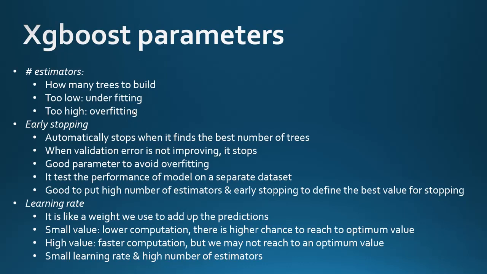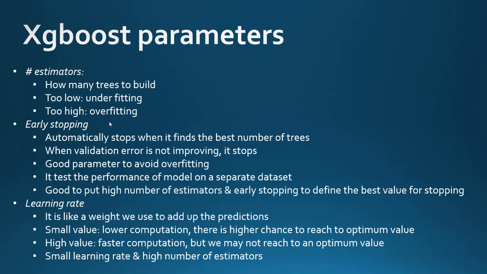So in order to have a good balance, we can use the early stopping parameter, which is going to automatically stop when it finds the best number of trees. So normally it's good to have a high number of estimators, and then we use early stopping.